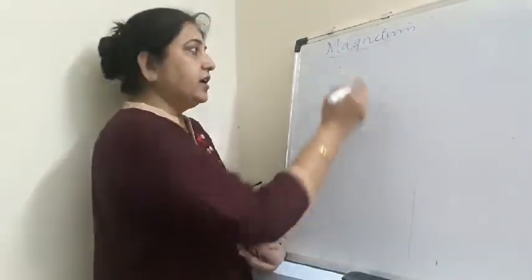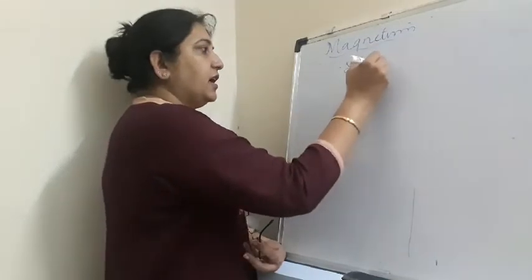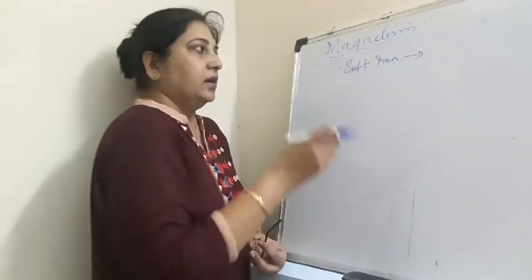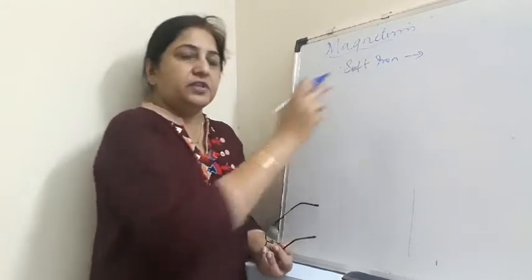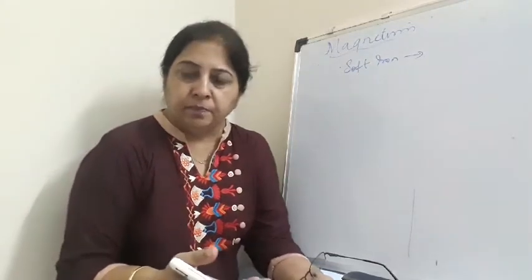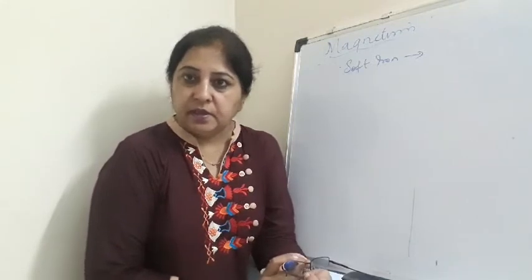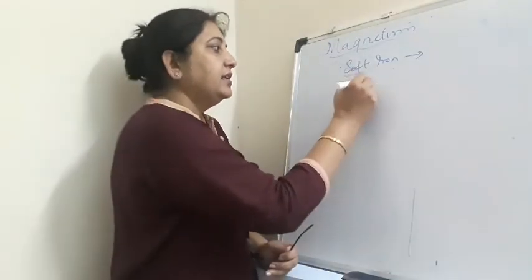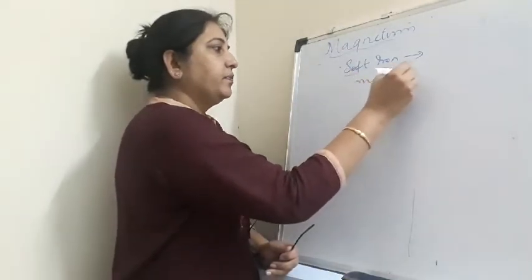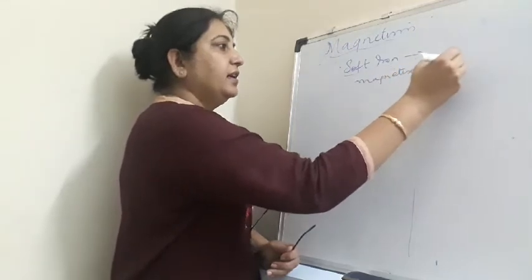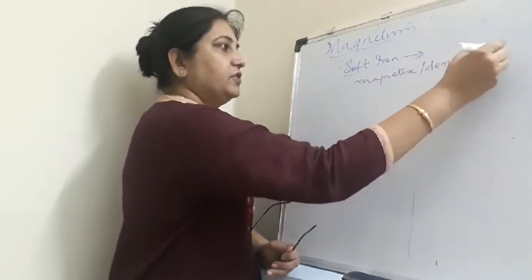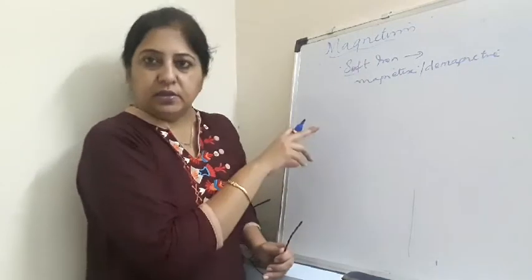Now what is a soft iron? Soft iron core means it is an iron which can be magnetized easily and can be demagnetized easily. Is it clear? So we can easily magnetize and demagnetize the soft iron piece with the help of a solenoid.